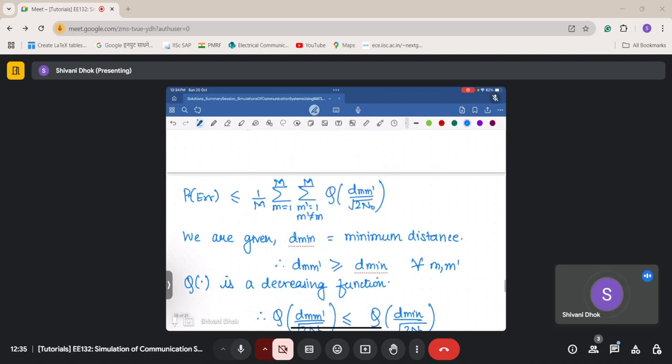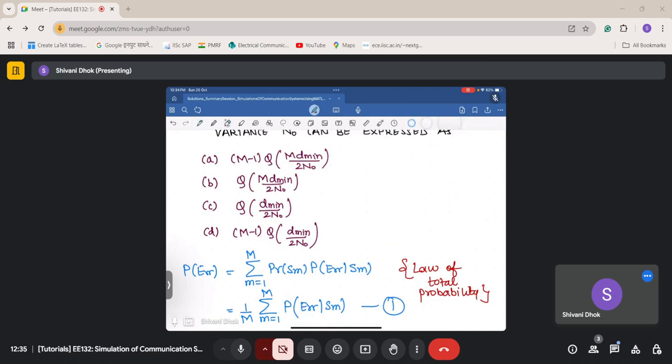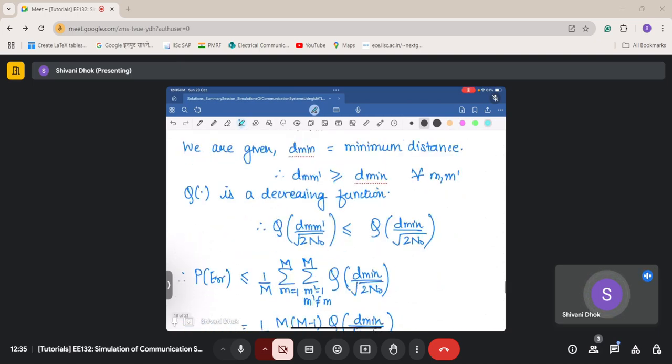Okay, so therefore the answer is, yeah, apparently there was some mistake here, so there should be an under root sign, so the answer is this one. So there was a typo in the assignment as well. Any questions here?